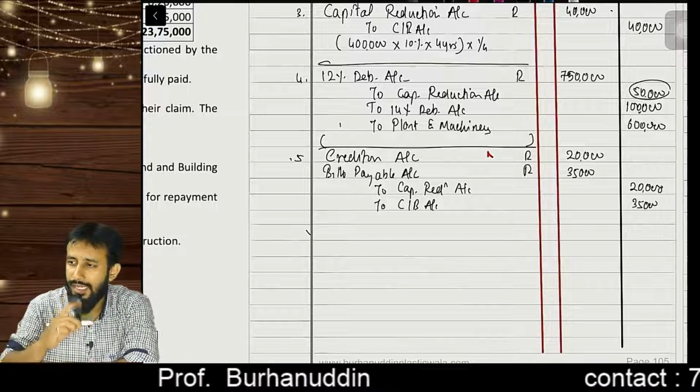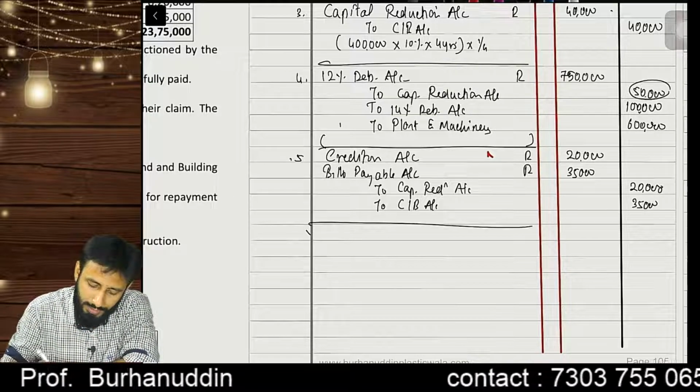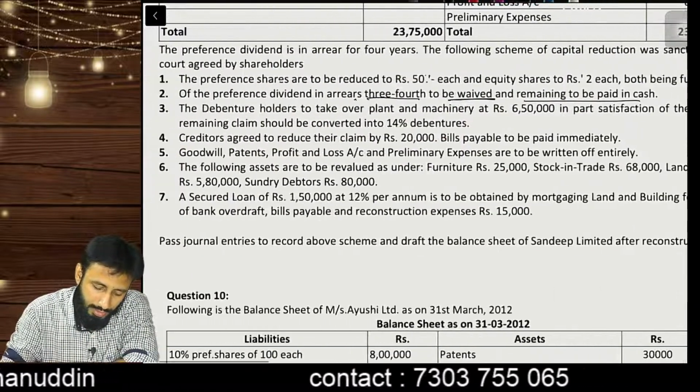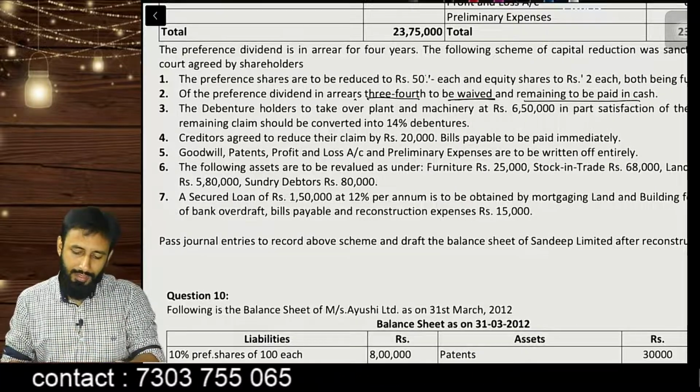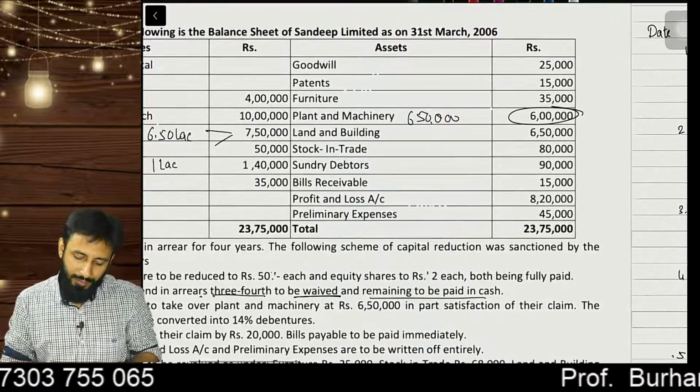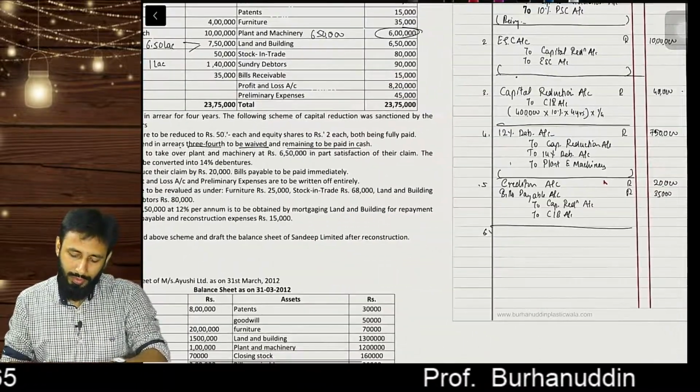Correct? Next. Guys, narration. Do not forget that. Goodwill, patent, profit loss, and preliminary expense have to be written off entirely, guys. So goodwill 25, 15, 8, 20, 45.